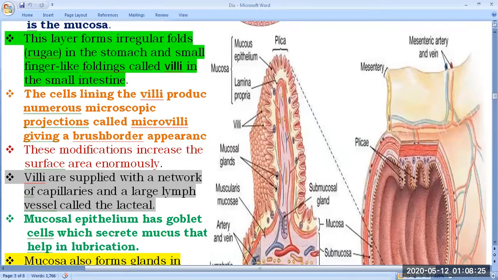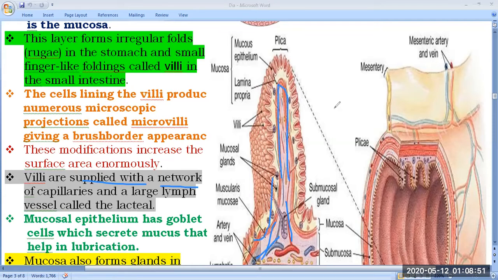Here you can say villi are supplied with a network of capillaries. If you see, they have small capillaries as well as artery and vein. And they have a large lymph vessel which is known as the lacteal.